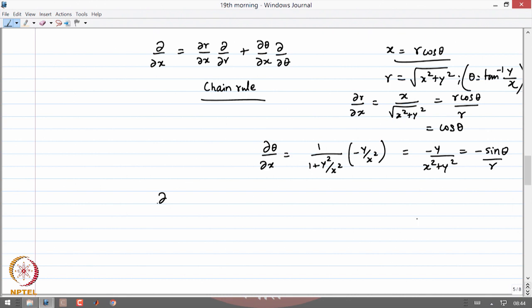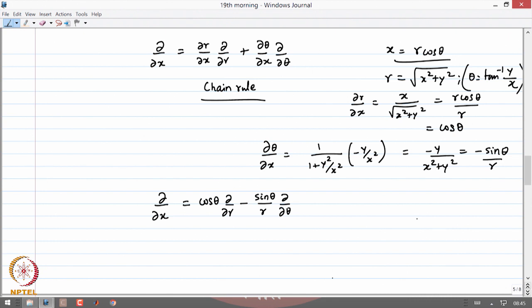Therefore the derivative ∂/∂x in the Cartesian coordinate system is equivalent to the derivative cos θ ∂/∂r − (sin θ/r) ∂/∂θ.